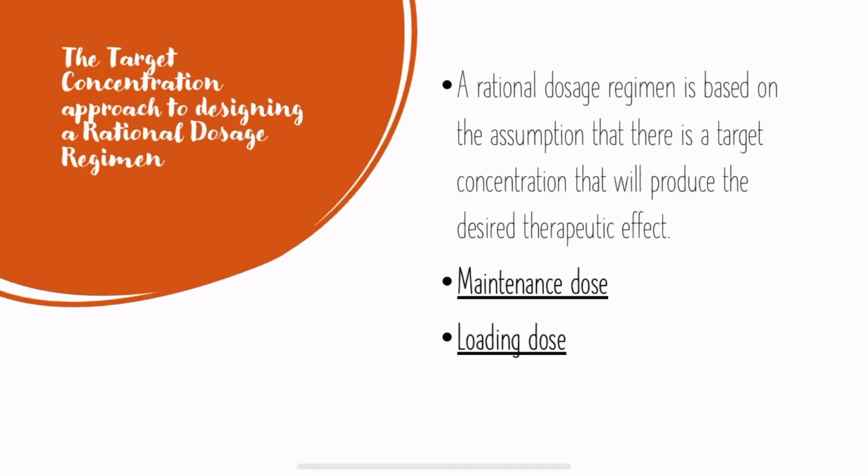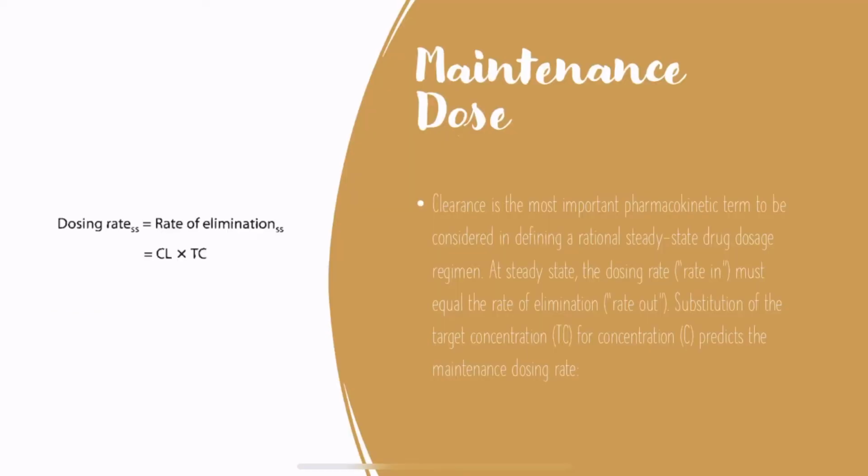So, the target concentration approach to designing a rational dosage regimen. A rational dosage regimen is based on the assumption that there is a target concentration that will produce the desired therapeutic effect. So, there is a maintenance dose and a loading dose. The maintenance dose is the most important pharmacokinetic term to be considered in defining a rational steady-state drug dosage regimen.